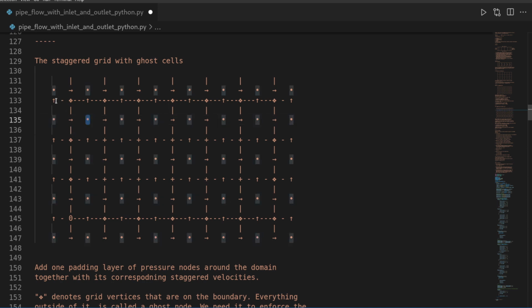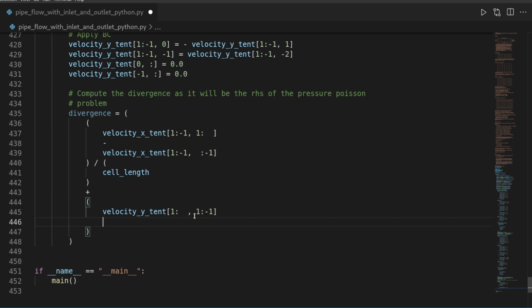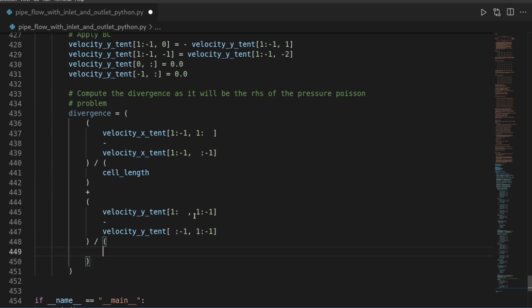And then we take the interior values of our v velocity components, so excluding these ghost nodes here, and go 1 up in y direction and then 1 down in y direction. So we do minus velocity y tentative 1 to -1, and then here we have the interior points. Then we can divide that by the cell length and we should be good to go.